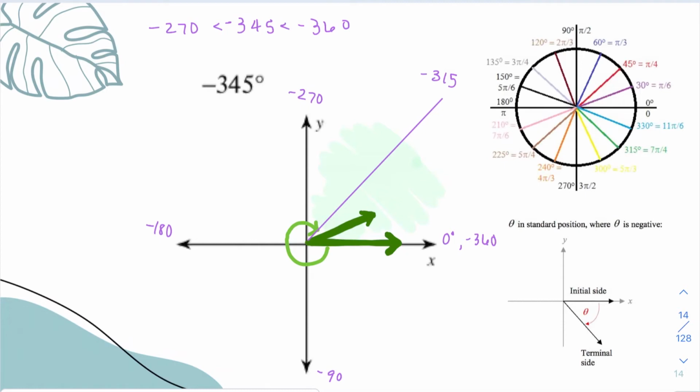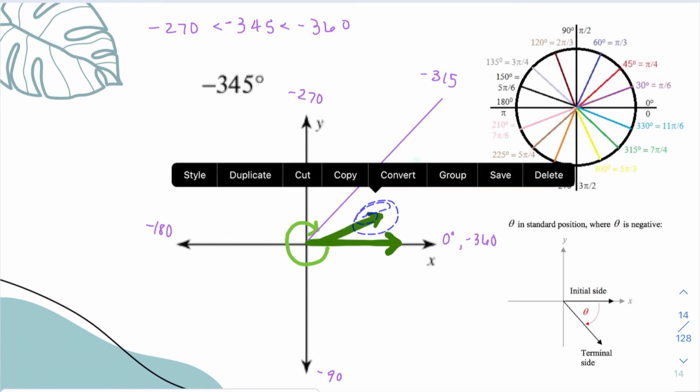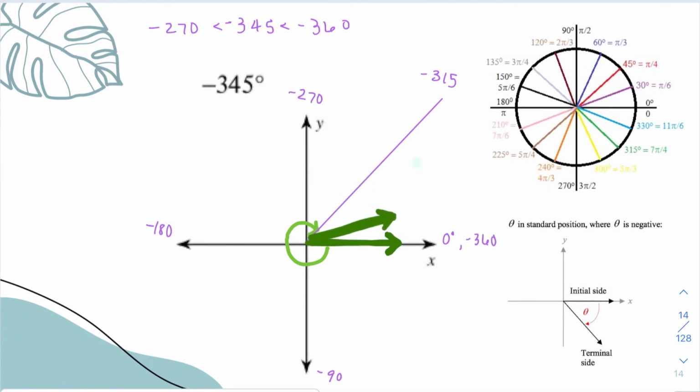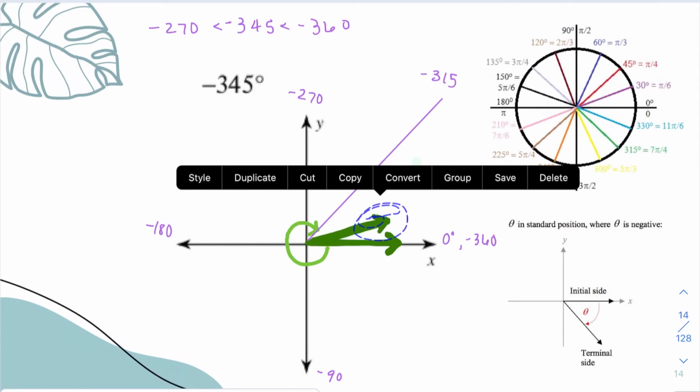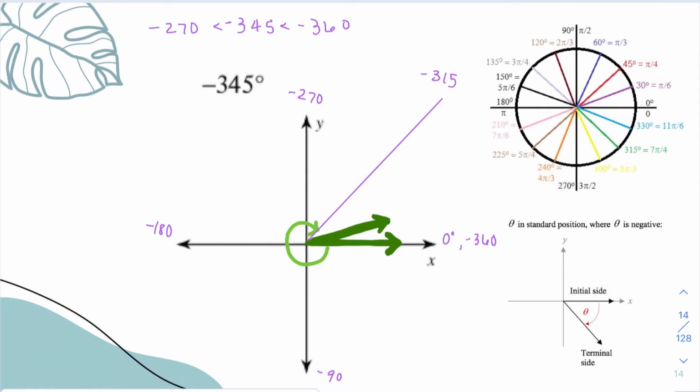So honestly, I could probably move this a little lower if I wanted to get real technical, right? Before it was about halfway between negative 315 and negative 360, but negative 345 is going to be much closer to negative 360 than negative 315. So we'll put it right there. Okay, and that is how I determine where it is.